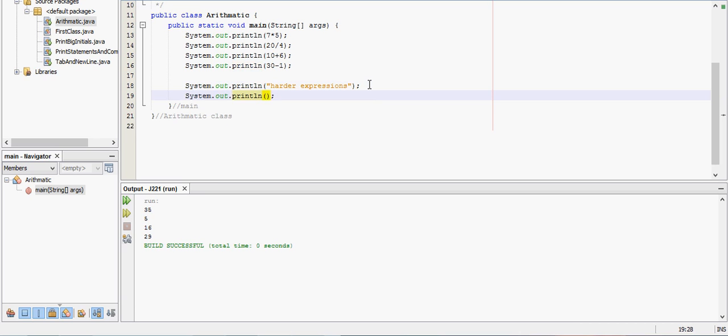So we do just what we would do in most math classes. We type in 7 times 5, divided by 20 divided by 4, and we'll put that inside parentheses. We'll run that, and that should give us 7, so that would be 35 divided by 5, which is 7.